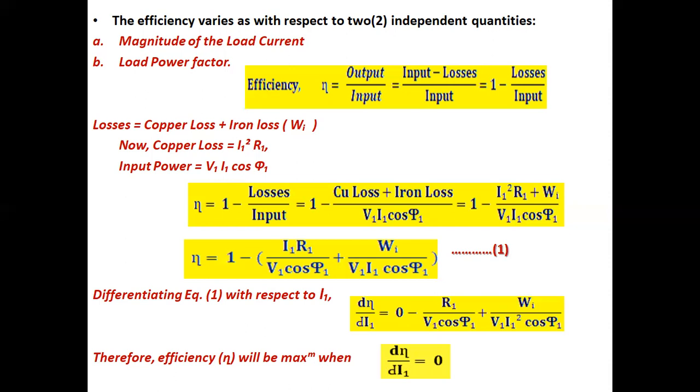That is dN by dI1 equals 0 minus R1 divided by V1 cos phi 1 plus Wi divided by V1 I1 square cos phi 1. Therefore, efficiency will be maximum when dN by dI1 equals 0.